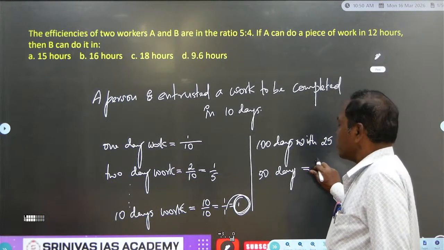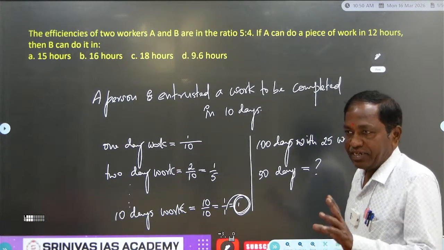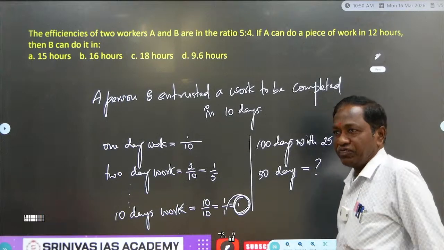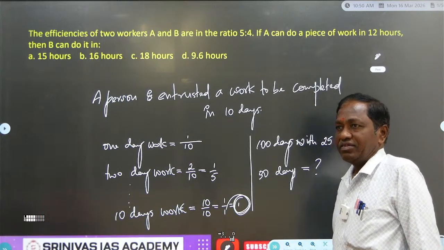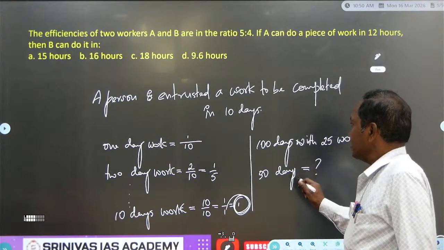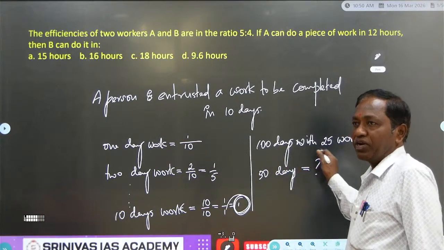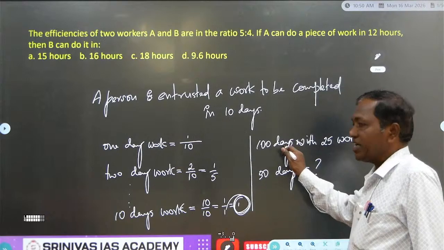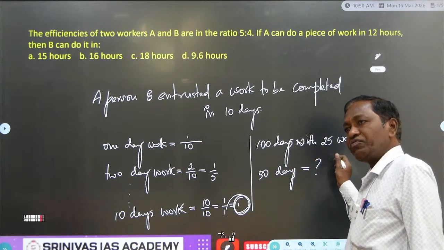Then how many workers are required? You have to see how many work days are required. 100 days are required with 25 workers.